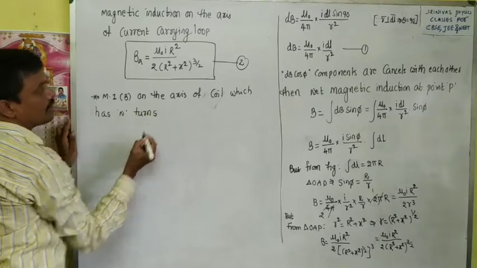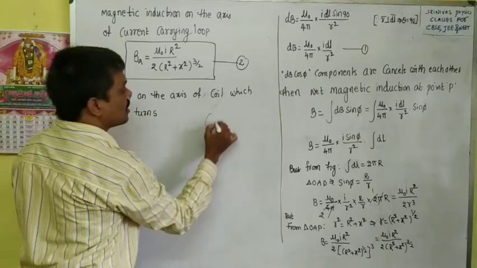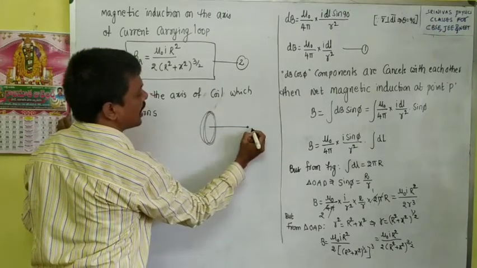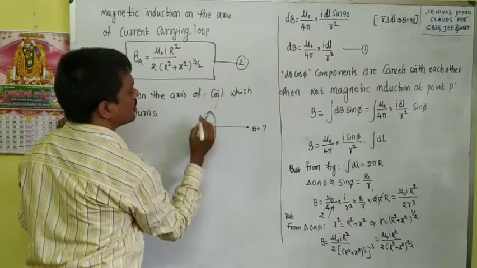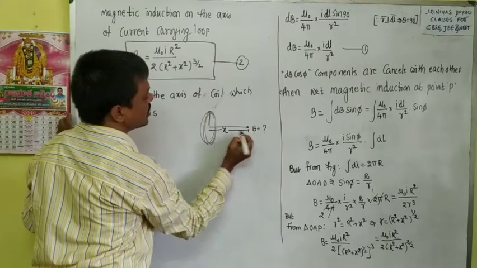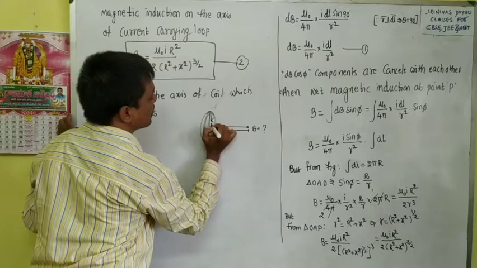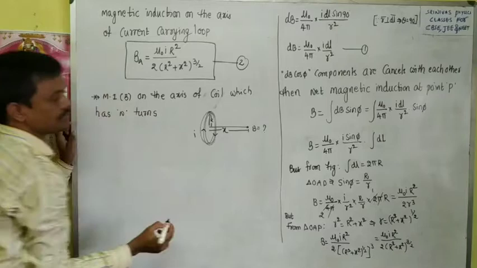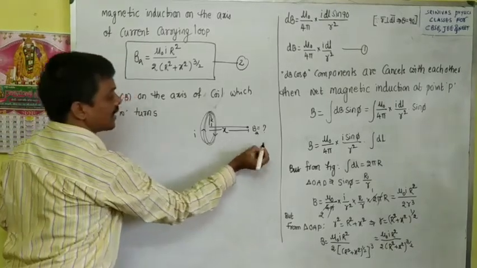This is the coil and I want the magnetic induction on the axis of the coil. The distance is x and the radius is capital R. It carries some current I. What is the formula for the magnetic induction on the axis?